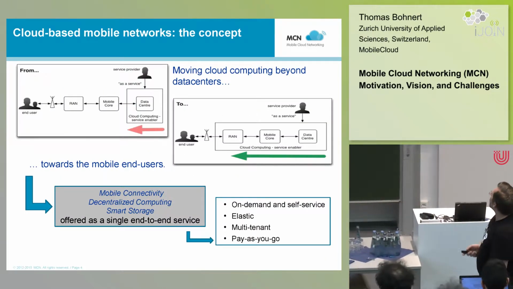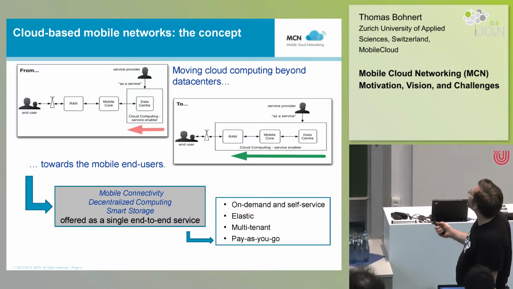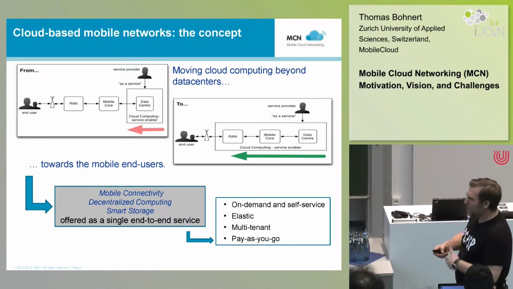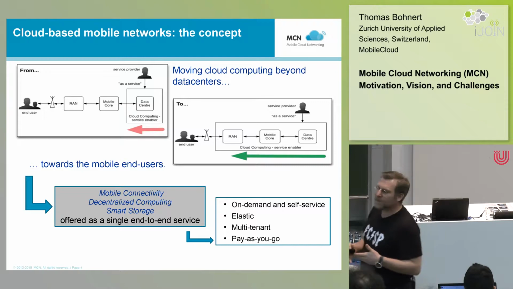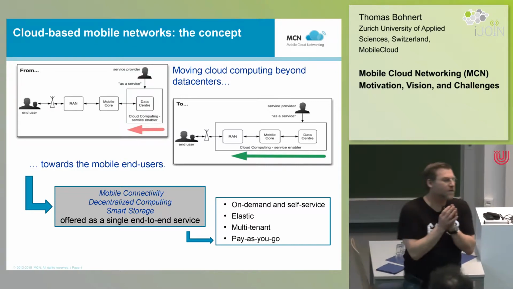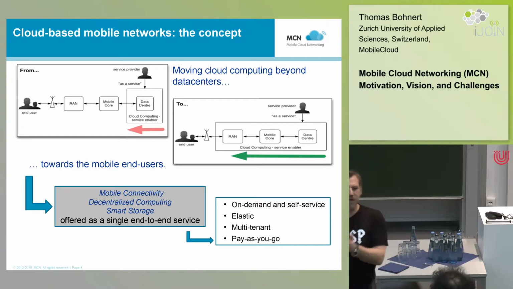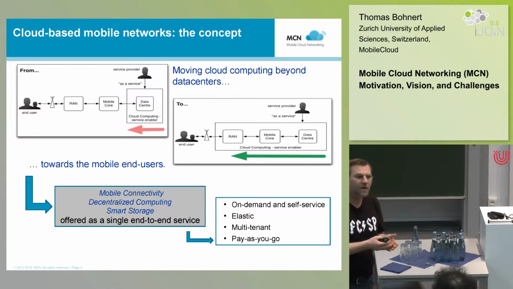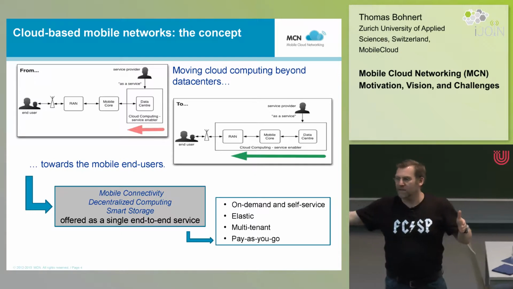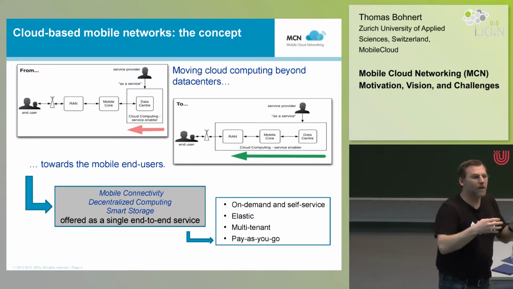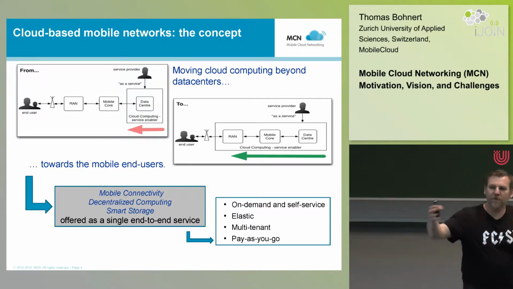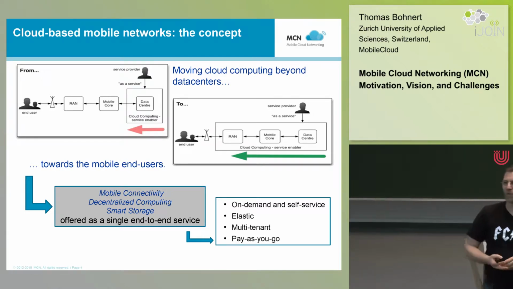So that's a picture from the proposal. Figuratively, what we attempt to do is move the concept of cloud computing, which is currently confined to data centers and the networks in the data center, the storage in the data center, and the compute in the data center, out of the network and include essentially the access network, or at least the path to the user, into the concept of cloud computing.